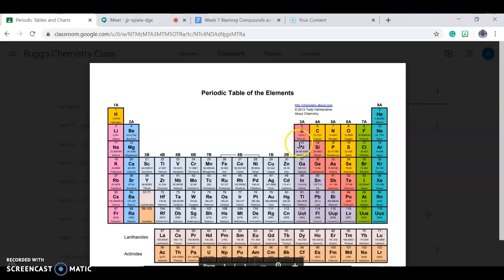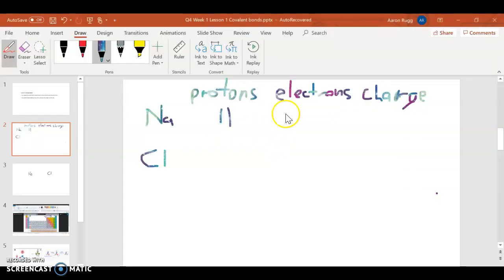If we're looking at the periodic table, it's always the same number of protons and electrons. All of these elements are what we call neutral. So if I have 11 protons and 11 electrons, protons are always positively charged, electrons are always negatively charged. Negative 11 and positive 11, the overall charge is 0.